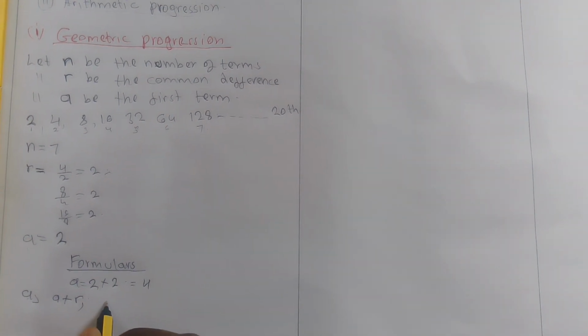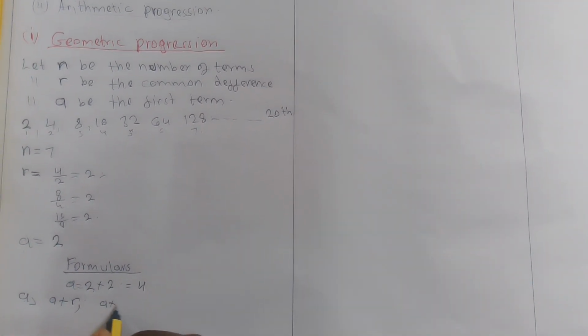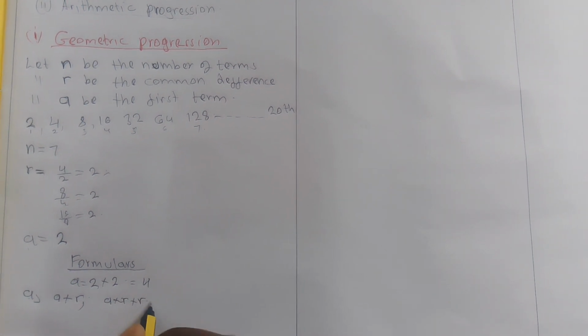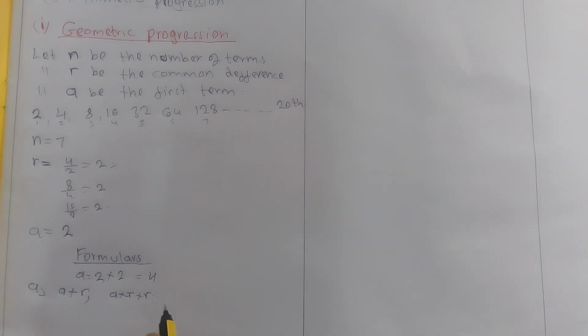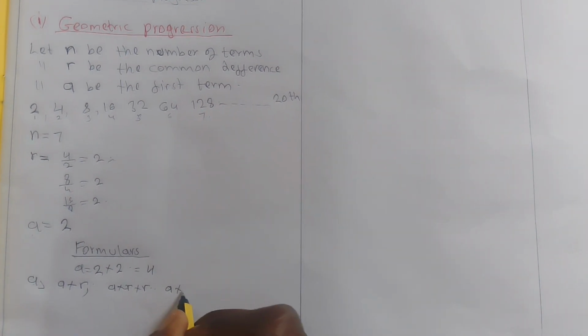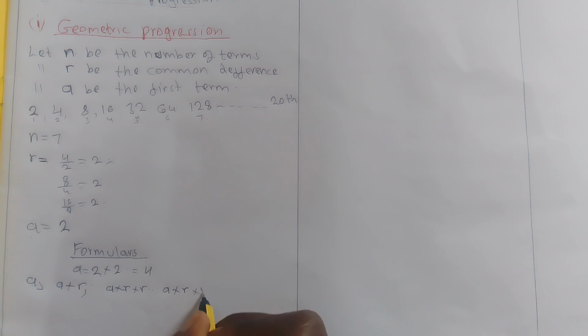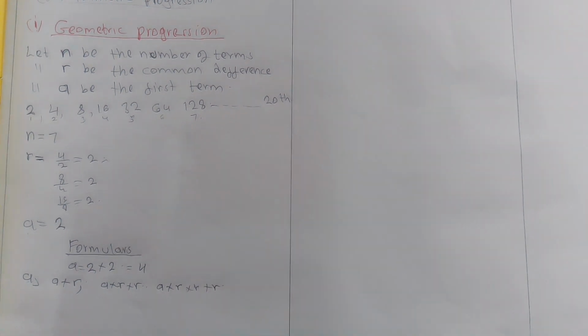The third term will be a multiplied by r multiplied by r. Again, the fourth term will be a multiplied by r multiplied by r multiplied by r.